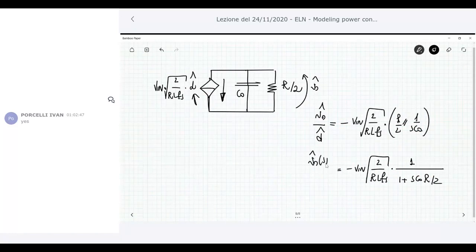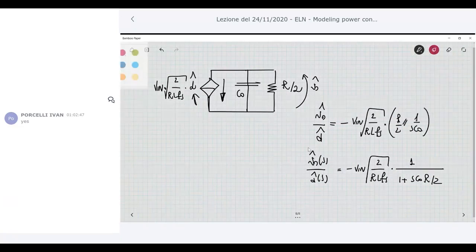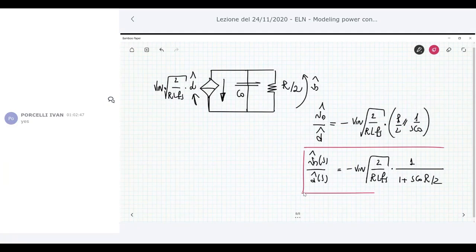Of course, we are in a linear, time invariant linear circuit, so I can apply the Laplace transform. And so this is exactly what I did. So I have a gain, which is this one, and this is exactly the gain that I derived in the steady state analysis of the buck boost. Okay.